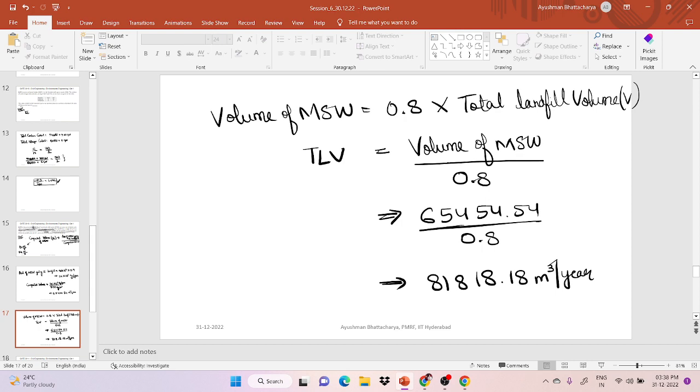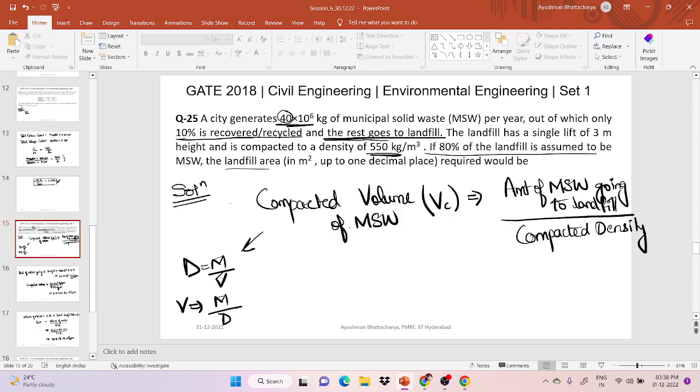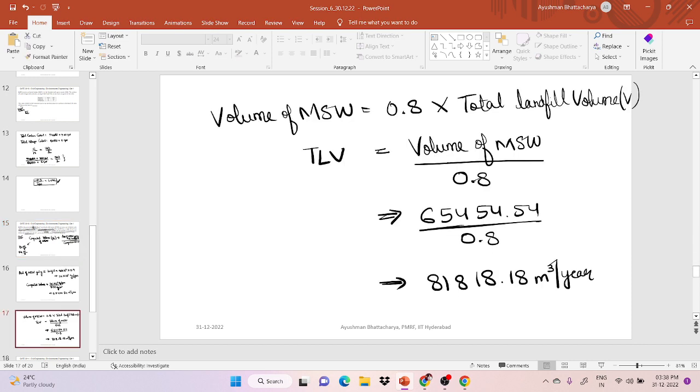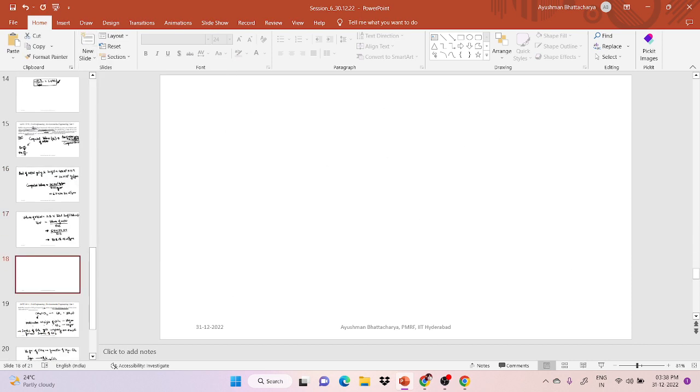Now, in the question they are asking only the landfill area. So to calculate the landfill area, what we have to do?